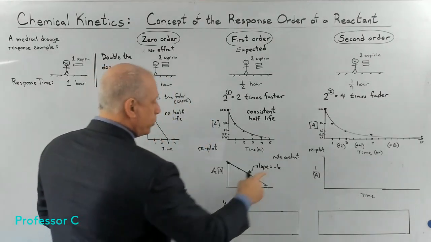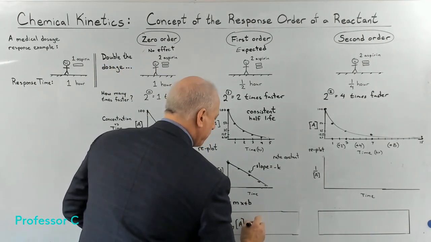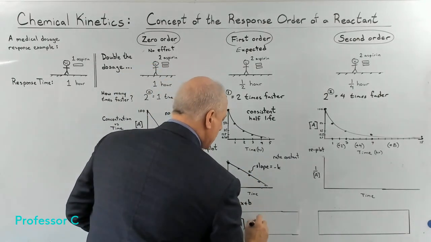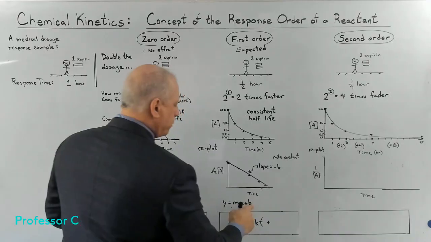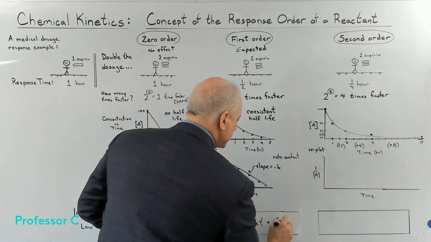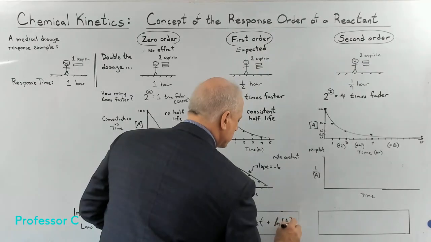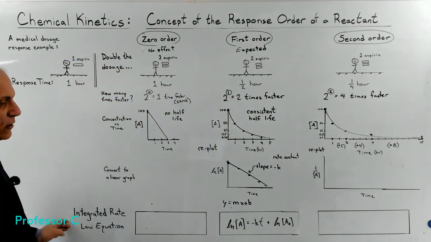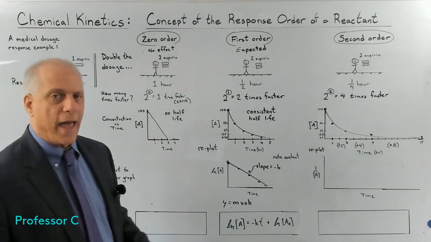M is the slope, so that's going to be negative k. X is the x-axis, which in this case is time. And then b is the y-intercept, which would be the natural log of the initial concentration. And this is what they call the integrated rate law equation for a first order reaction.